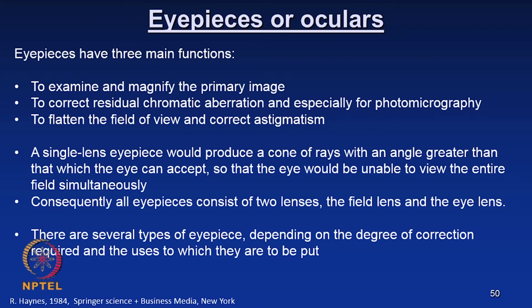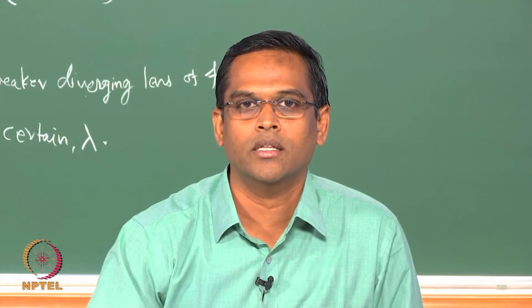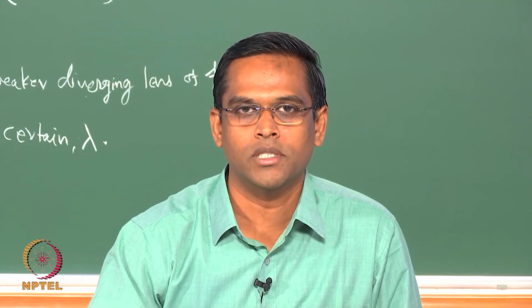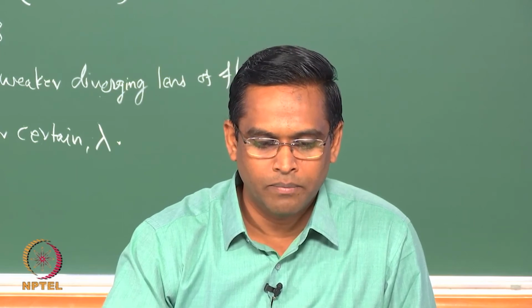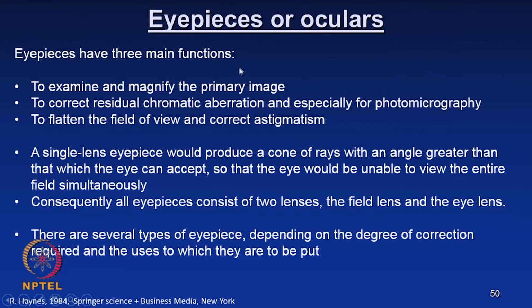I just want to mention the important functions of these eyepieces. We have talked a lot about objective lenses because they are very critical and important, as I mentioned in the last slide. So, let us have some idea about what these eyepieces are doing in a microscope.